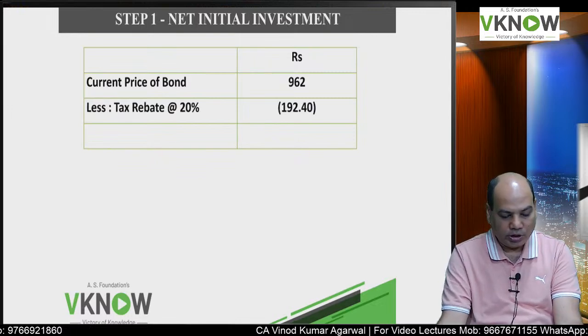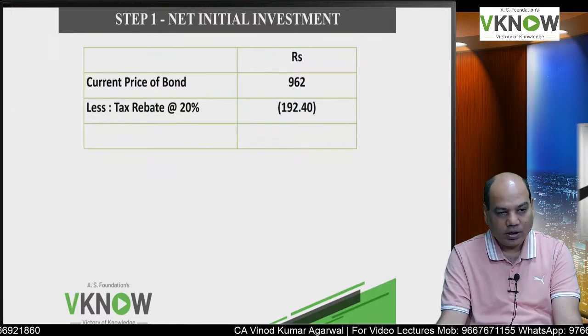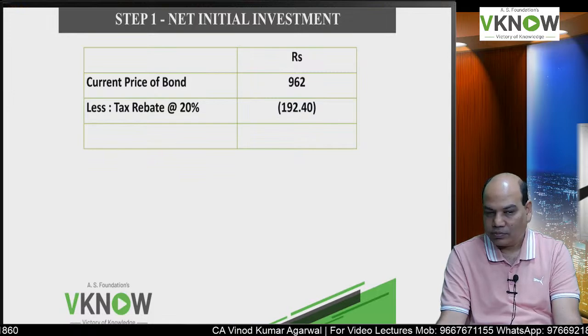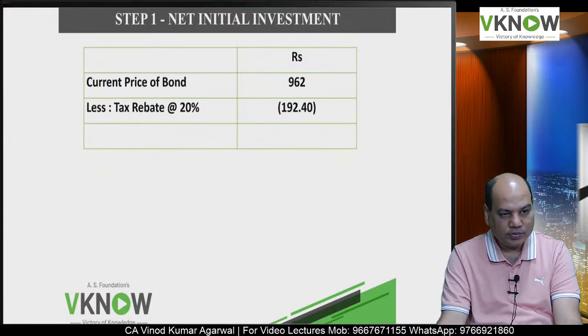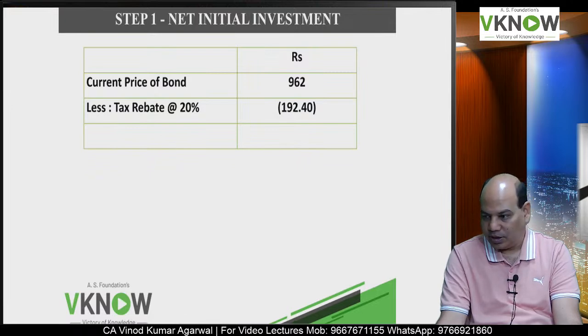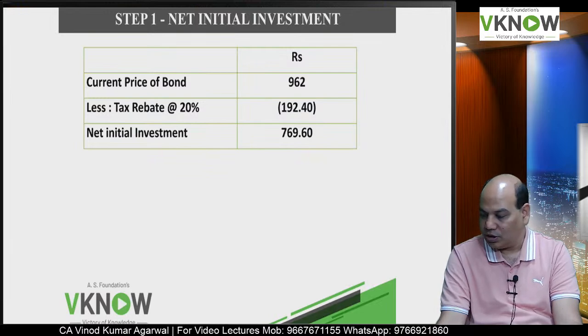These are some important questions for exam purpose. Less tax rebate at 20%. Immediately I will get tax rebate at 20%. By investing in certain bonds, you get tax rebate, tax deduction. So what is my net initial investment?